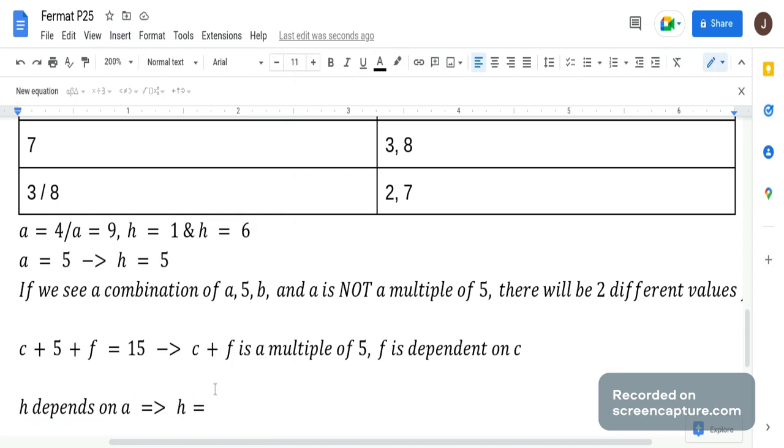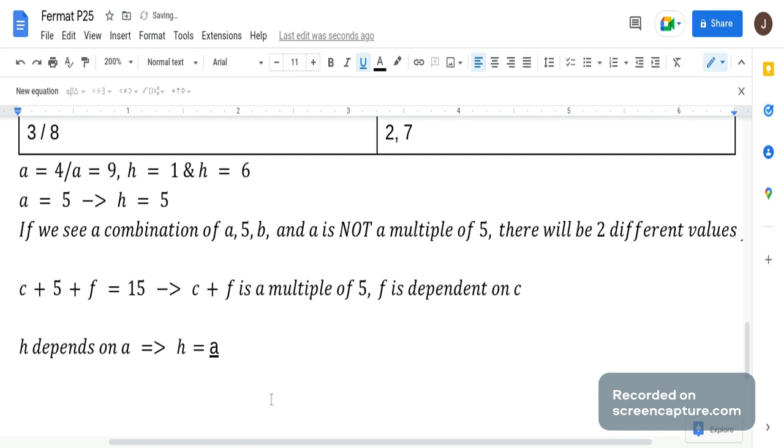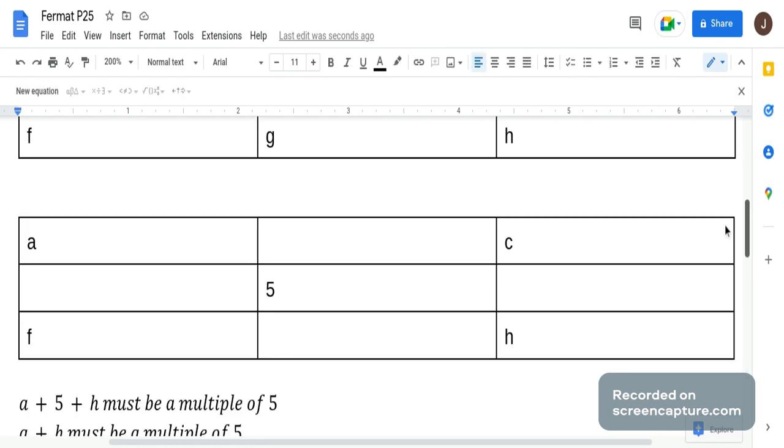Underline is here, okay, underline. H is equal to A underlined. This is the symbol that we are going to make. Underline means that it depends on one another. So also please remember this symbol first.